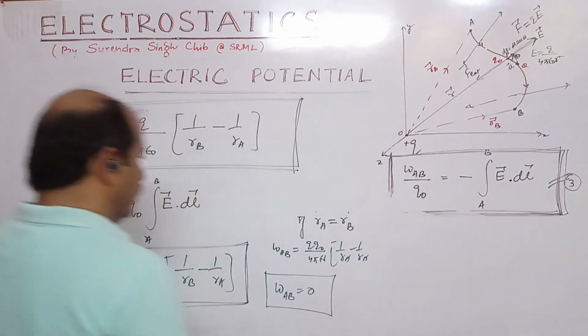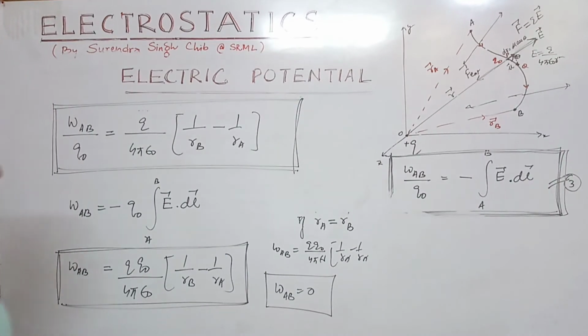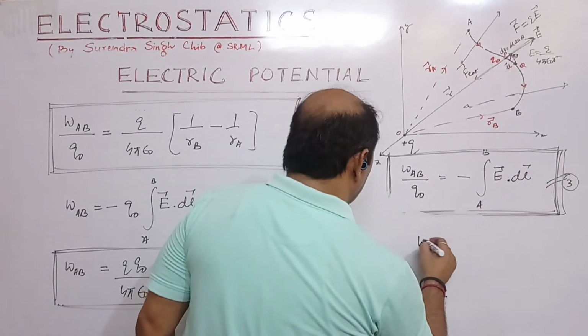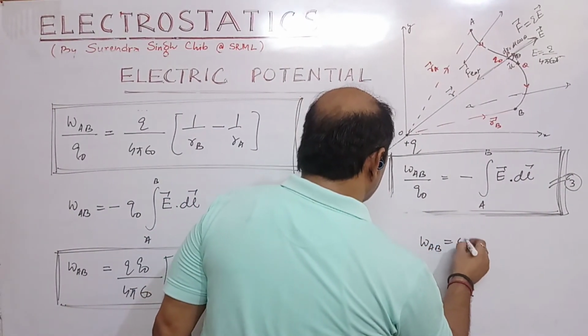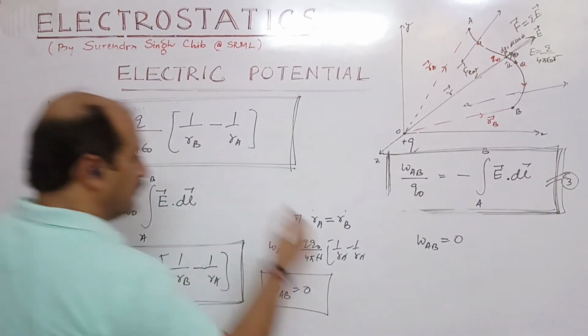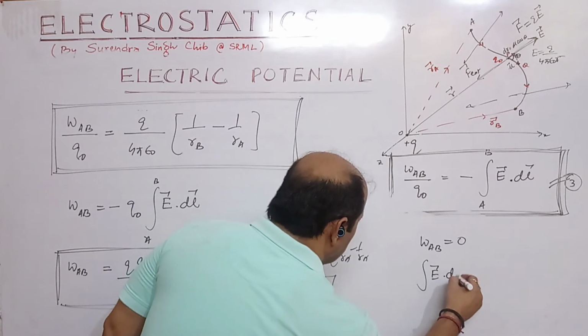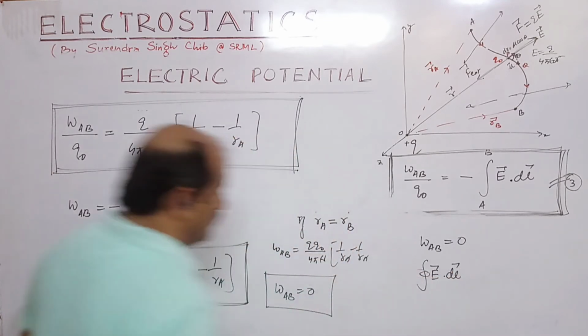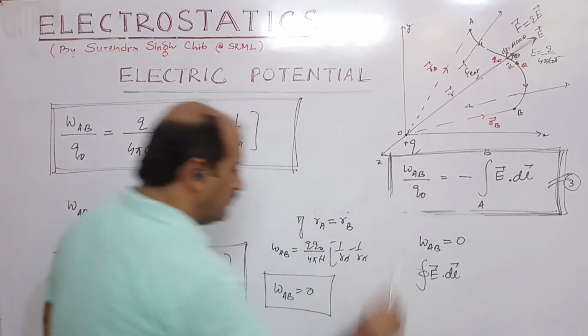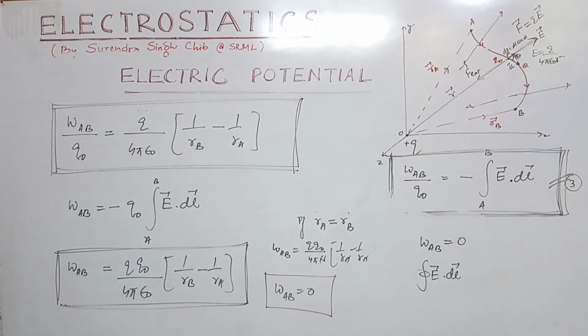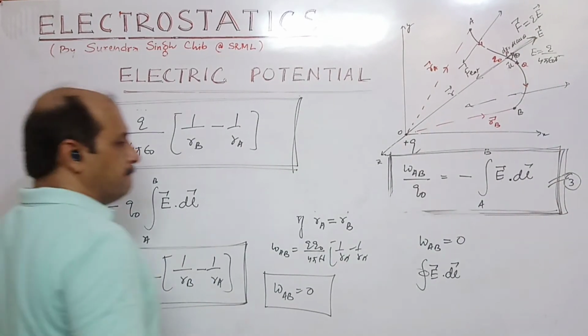If the initial and the final positions are the same, the work done AB is 0. I mean to say, the line integral of electric field over a closed path. See here, closed. Why closed? Because the initial position and the final position are the same.